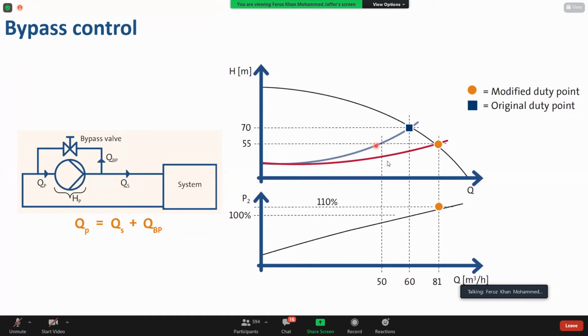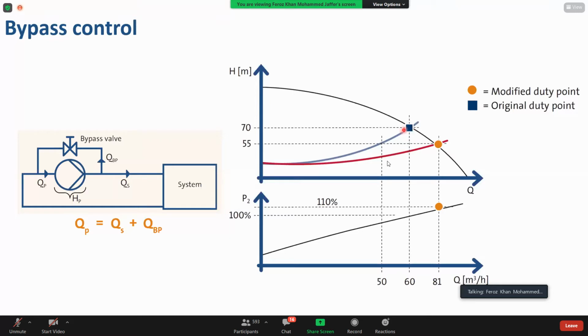Let's look at the system performance, how it differs. Again, the blue square is the original duty point where the pump is operating. So this is our static head, we have the dynamic head, and our pump performance curve in this case will not change. We will be changing only the system curve, as you can see here.